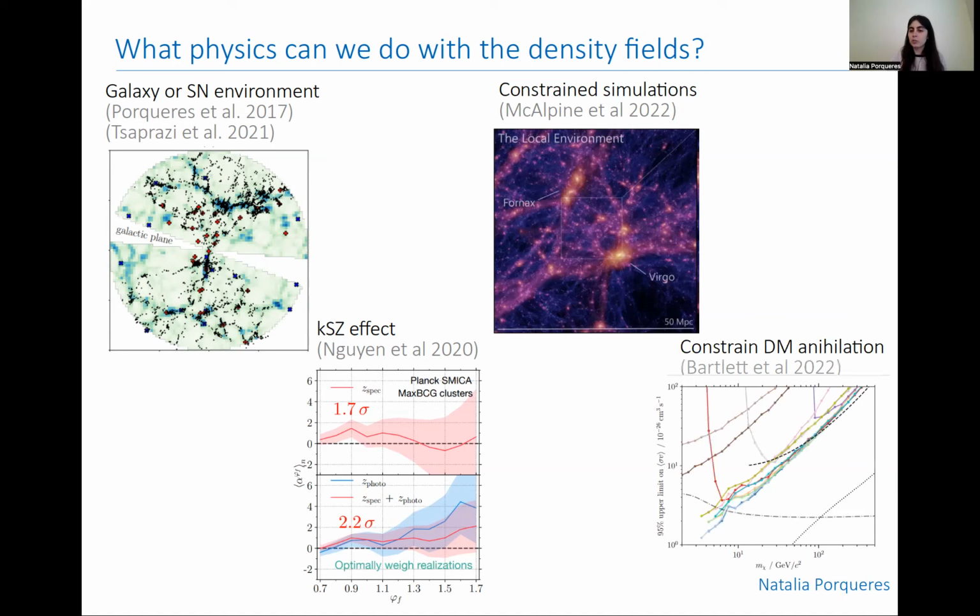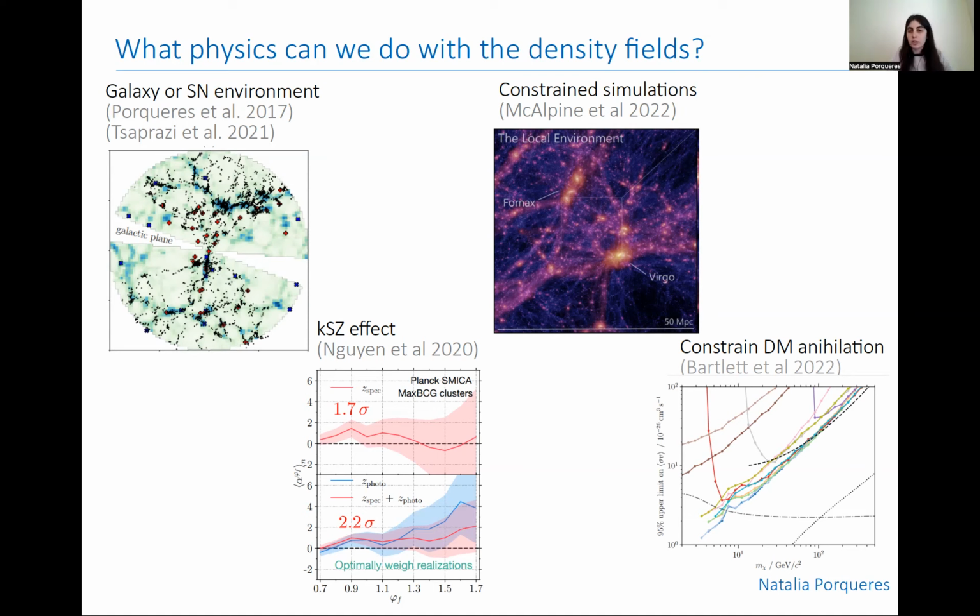We can also use it, for example, to constrain dark matter annihilation models. These are some of the projects that have been done with inferred density fields obtained with the Borg framework, in this case for galaxy clustering.